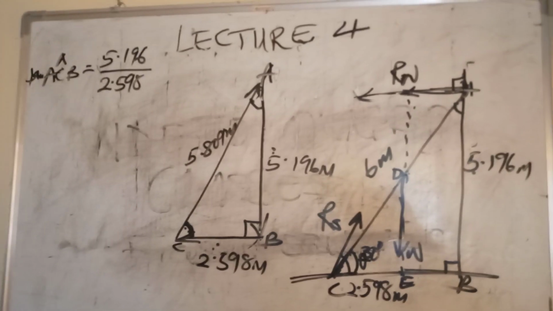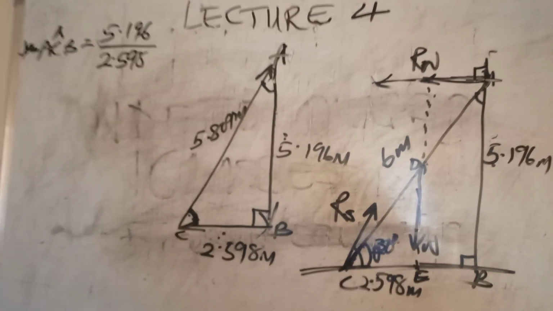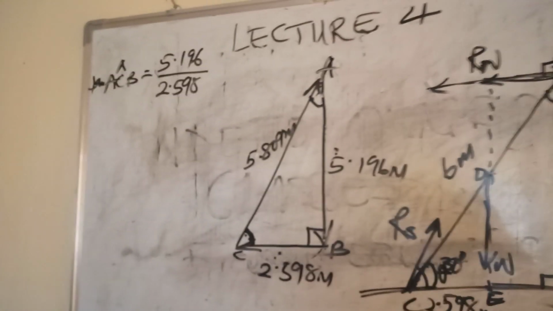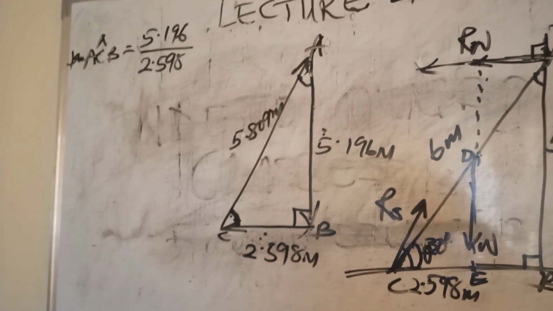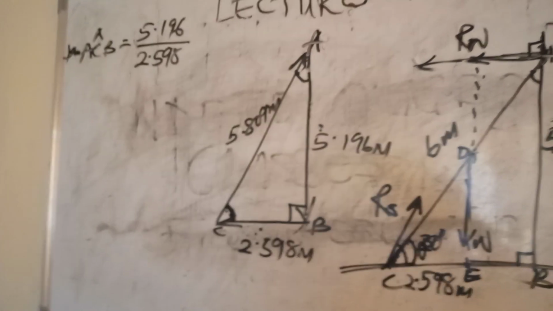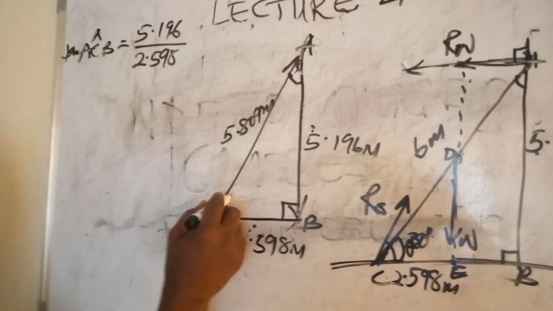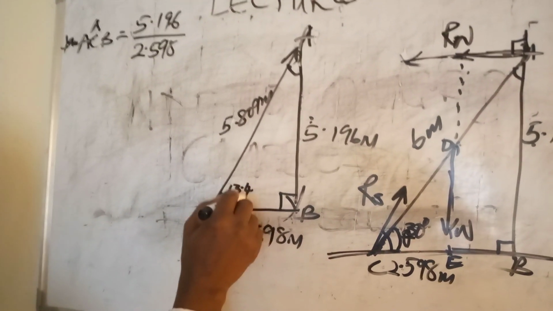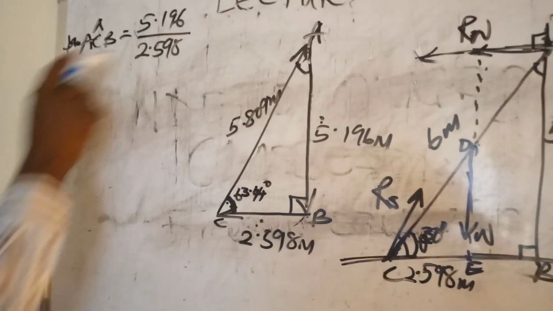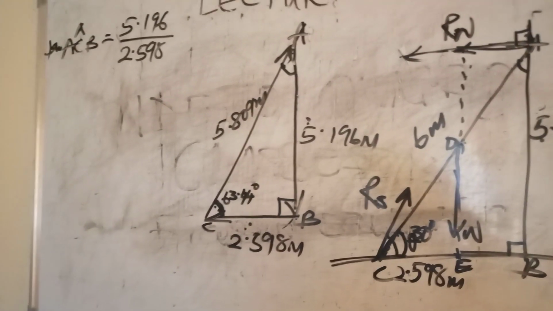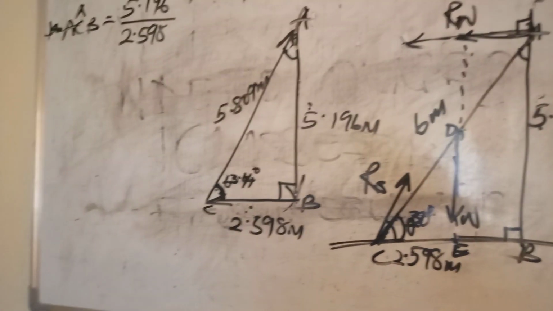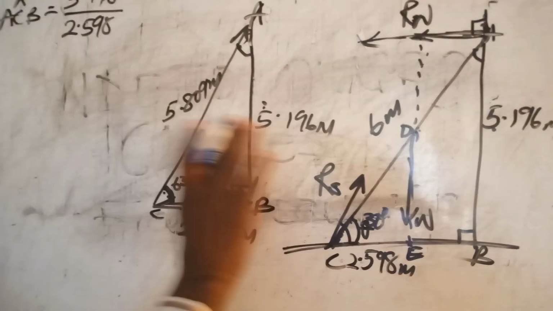That implies that the value of that angle is 63.44 degrees. From here, we get the arctan, that gives us this. So with this, everything is solved.